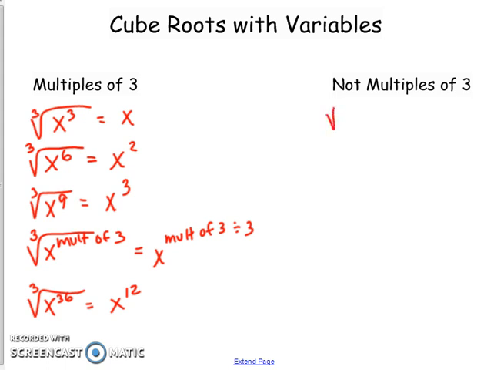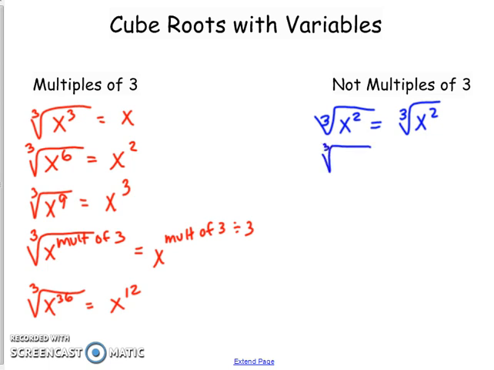So, use a different color. If I have the cubed root of x squared, this is going to stay exactly the same as the cubed root of x squared, because your exponent is not equal to or greater than your index. So whenever your exponent is less than your index, so 2 is less than 3, it's going to stay the same.